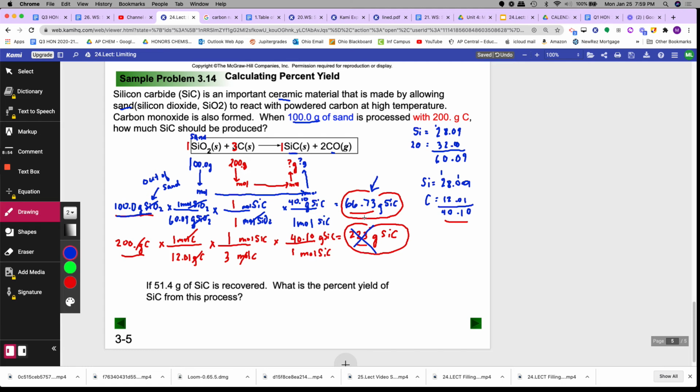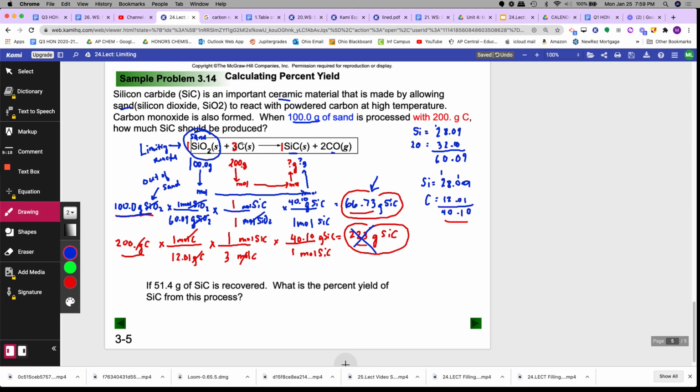The reason is you are out of sand, which means sand is called the limiting reactant. You have to pick one of these two on the left side as the limiting reactant. And the other one, you had way too much excess.